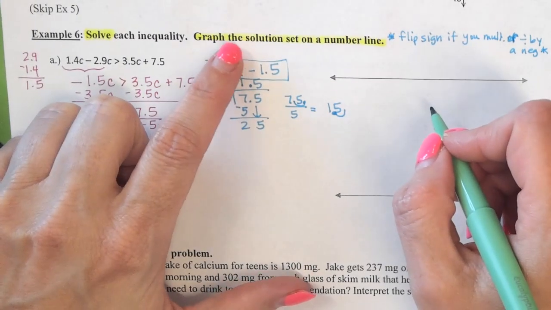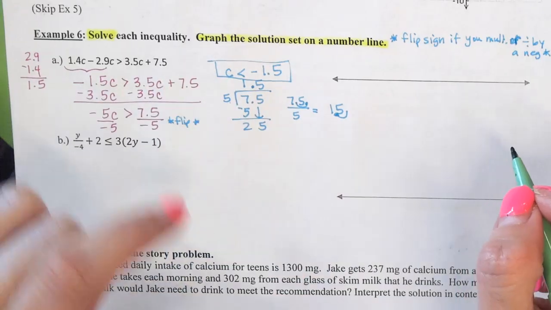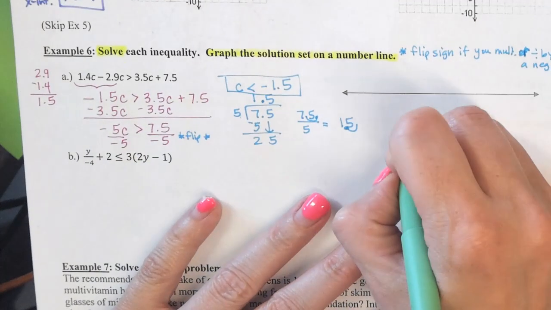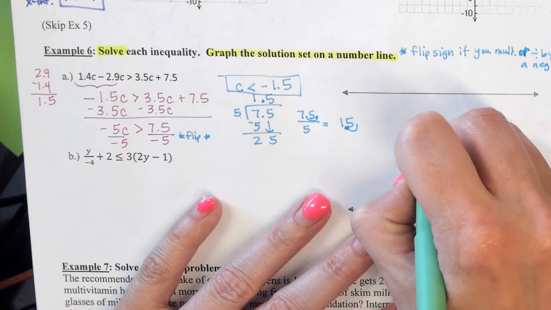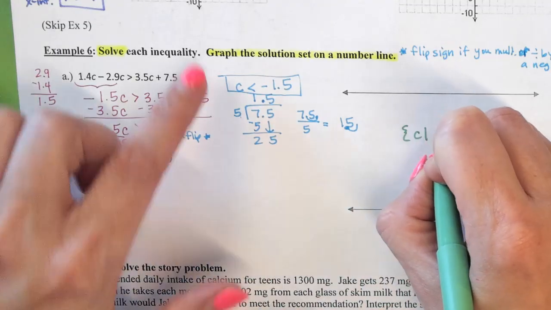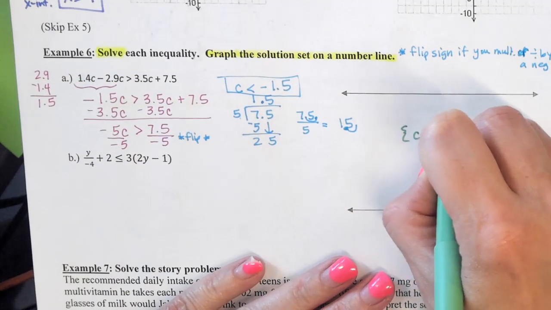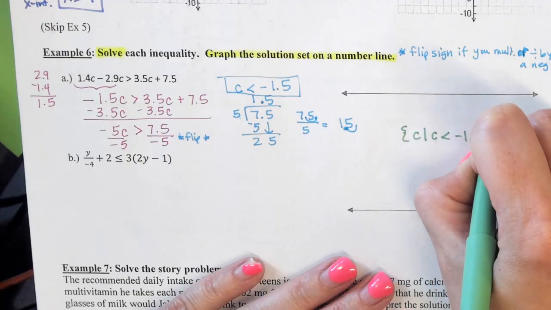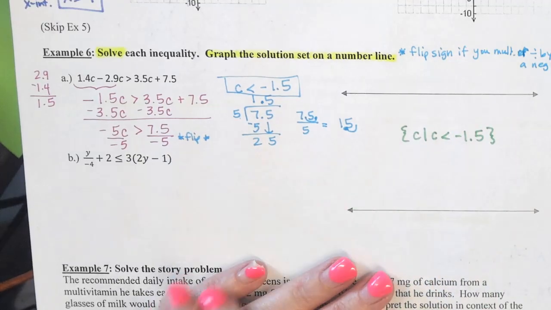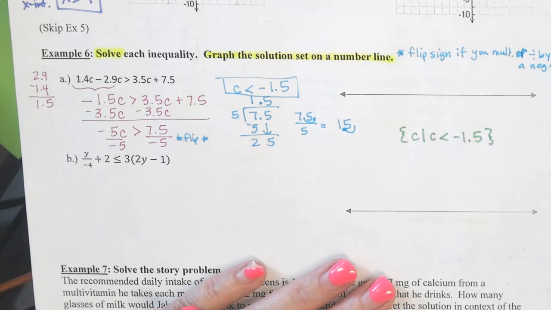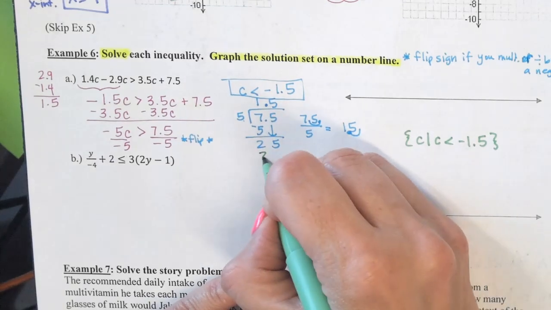So, the extra 2. Okay, so for this, it says graph the solution set. We're going to write that there. What are you talking about the extra 2 though? Oh, it's just the 25.